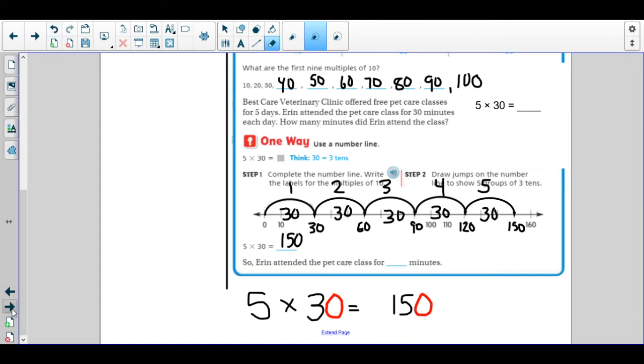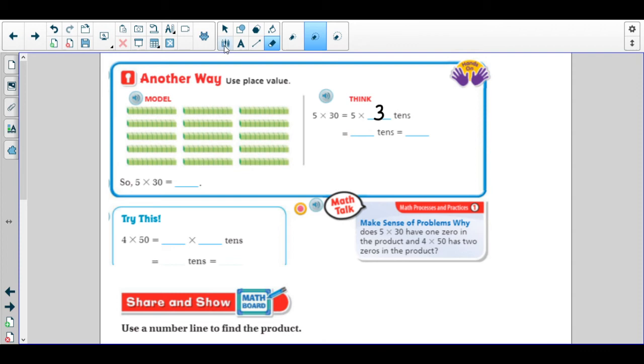So we're just going to be looking at that here and what that looks like in terms of these unit blocks here. All right, so what do I have? 5 times 3 is 15. I have 15 blocks of 10.